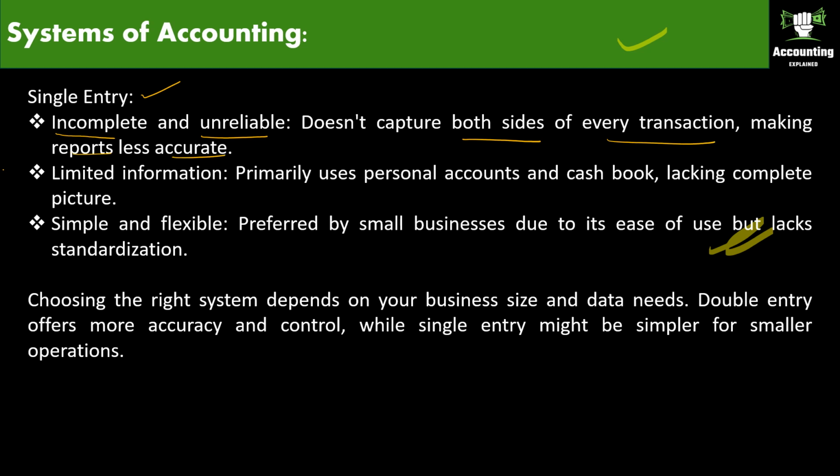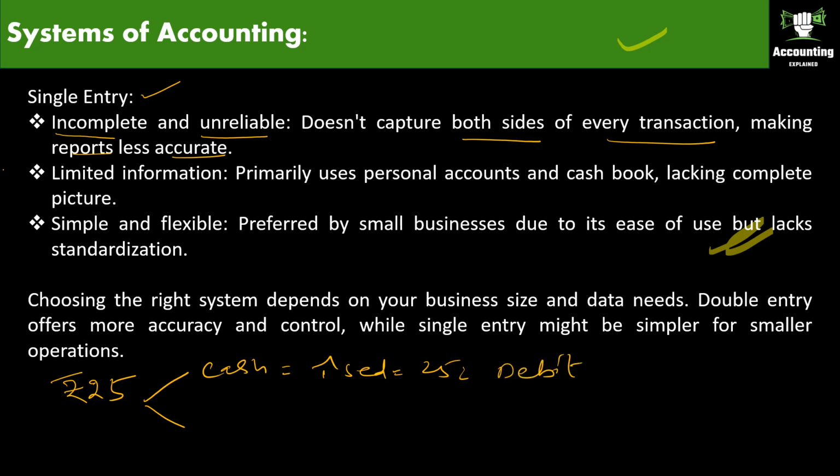So in the previous example, what did we see? We are selling each cup of tea for 25 rupees and it has two effects. First, our cash will be increased by 25. So that is our debit, and our income has increased by rupees 25 and that is our credit.